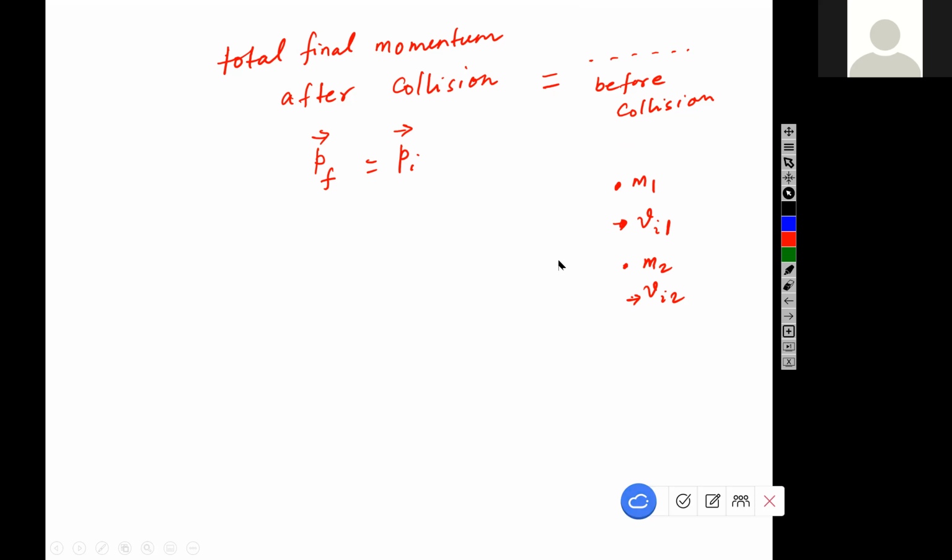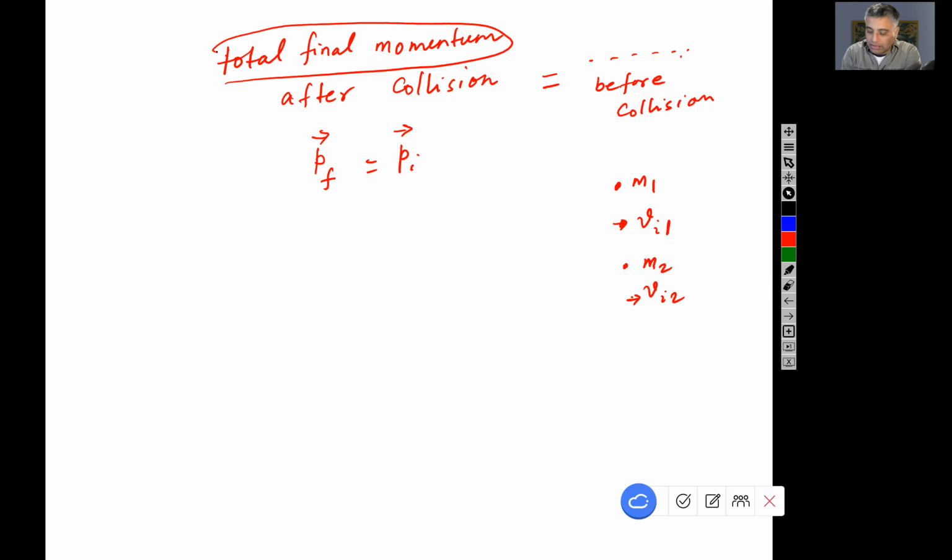Okay. So this dot means total final momentum after collision. Yes, so this would be total initial momentum before collision, right? Momentum is the product of mass and velocity, m1 v_i1, or v1i.